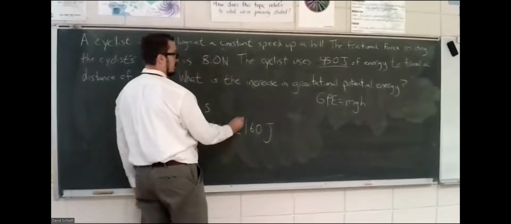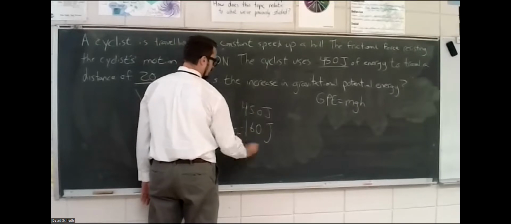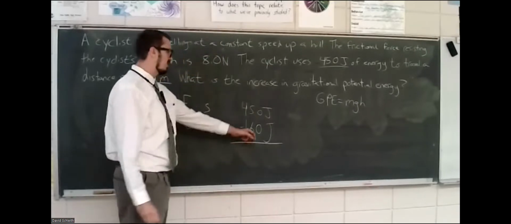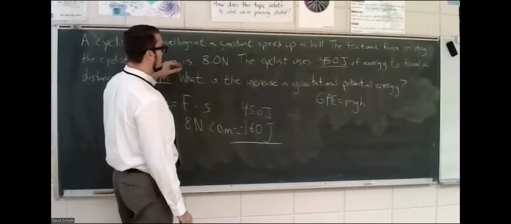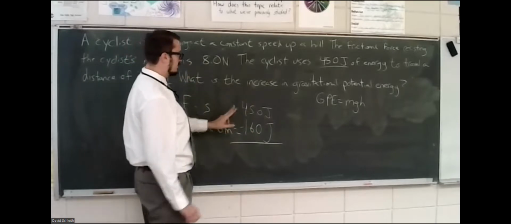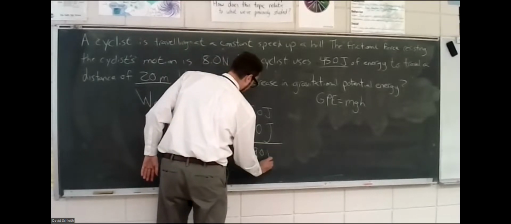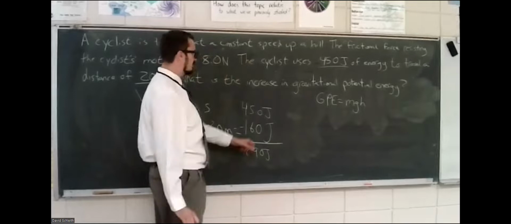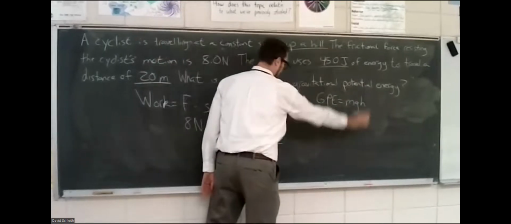If we subtract that from the stated 450 joules of total energy it cost us, in other words, we had to spend 160 joules just to fight against those resistive forces, friction, that leaves us with 290 joules left over, which must have increased our gravitational potential energy as we went up the hill.